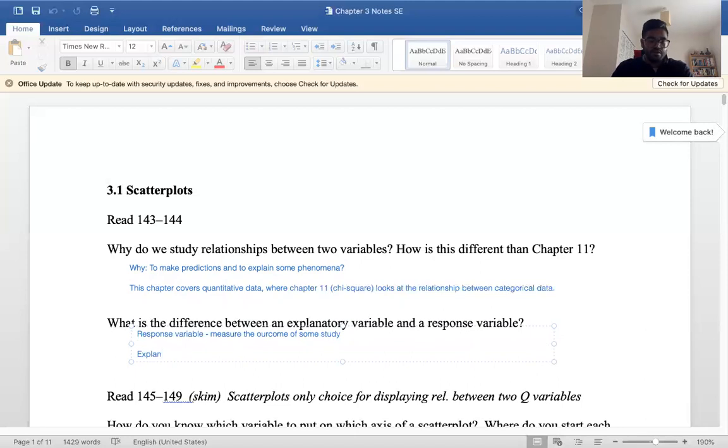An explanatory variable may help explain or help predict changes in a response variable. All right. So another word for explanatory variable sometimes is predictors. Okay. So those words are kind of interchangeable, right? So you have some predictor for some response.